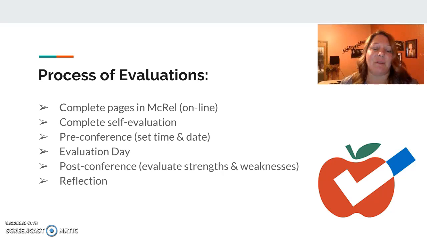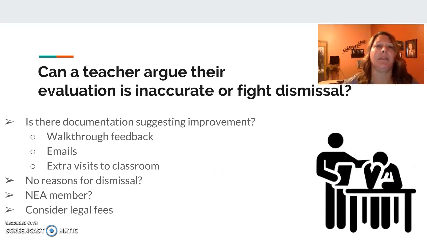Then we have the big evaluation day where they come in and try to spend at least a couple of hours in your room. And then we have a post-conference where we evaluate my strengths and my weaknesses. And then I have a chance to reflect back and write a reflection part in McREL on how I thought the evaluation went, what things I'm happy about, what things I need to work on.